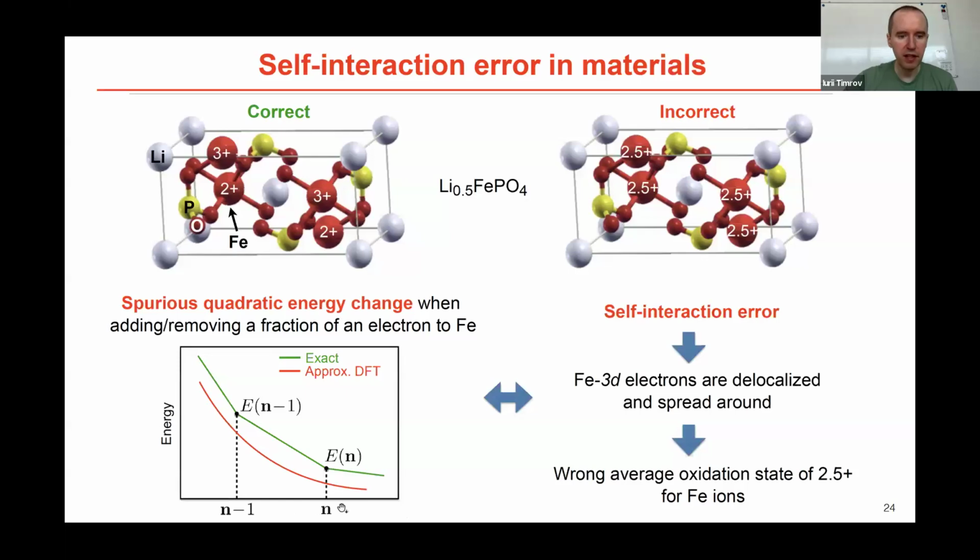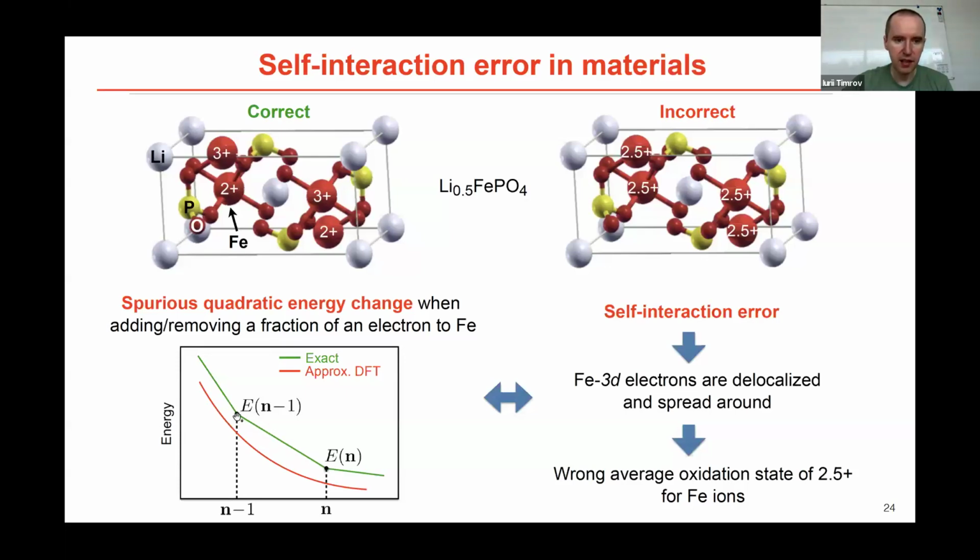N is the number of electrons in the iron 3d shell, which we call the Hubbard manifold. The exact solution tells us it must be piecewise linear. When we have N electrons, we have energy E(N). But if we have one electron less, N minus 1, we have a different energy, E(N-1). And these two energies must be connected with a straight line.